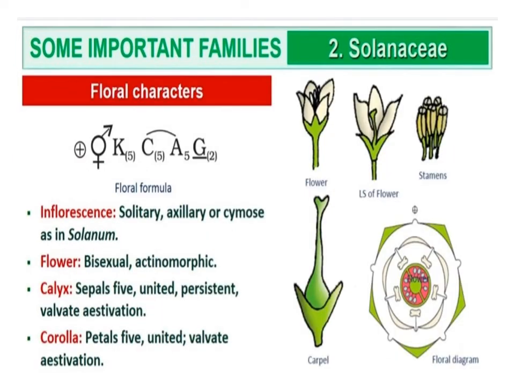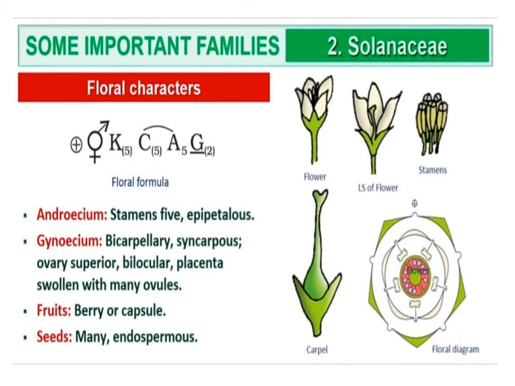Inflorescence: solitary, axillary or cymose, as in Solanum. Flower: bisexual, actinomorphic, hypogynous, pentamerous. Calyx: sepals 5, gamosepalous, valvate aestivation, persistent. Corolla: petals 5, gamopetalous, valvate aestivation.